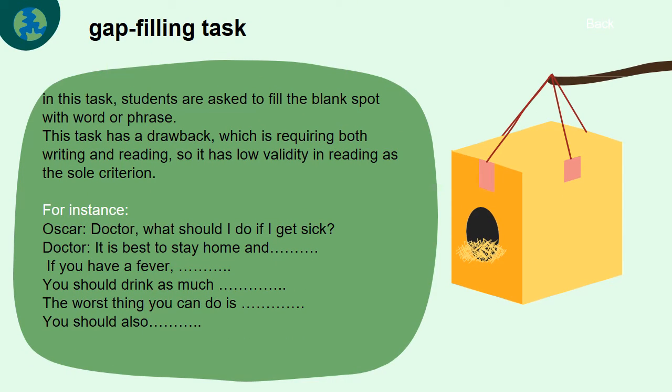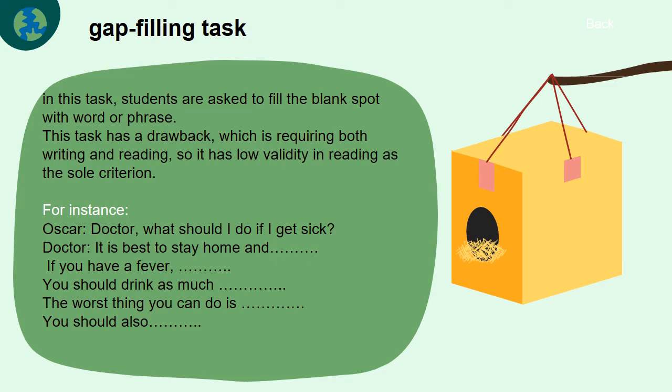The next one, we have the gap filling task. This task requires students to fill the blank spot with a word or phrase. Let's see the example. The first sentence is designed as the stimulus or the clue to answer the gap.